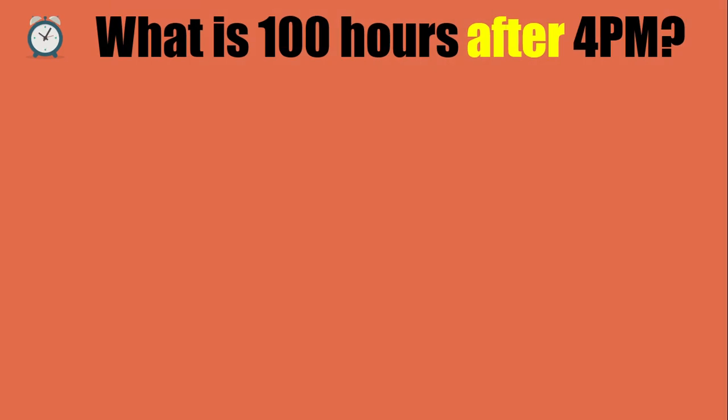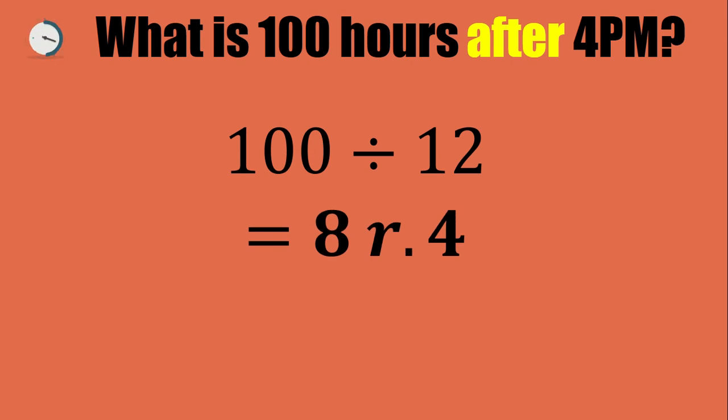What is 100 hours after 4 p.m.? As you can see here, again, all we need to do is divide that 100 hours by 12, and we'll have the same quotient and remainder. So we have 8 as our quotient, and 4 as our remainder.